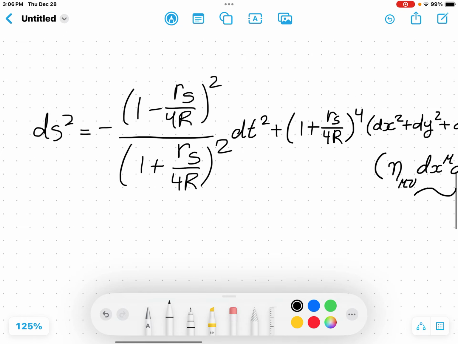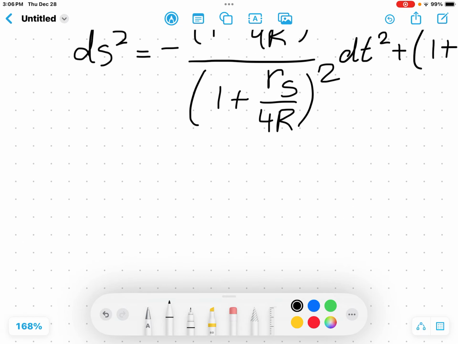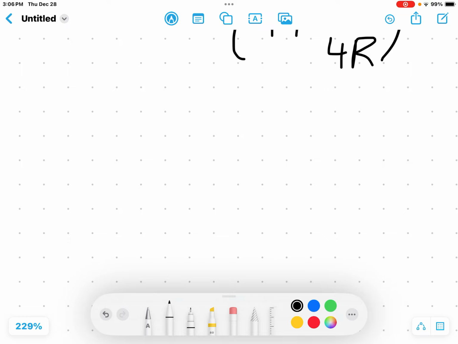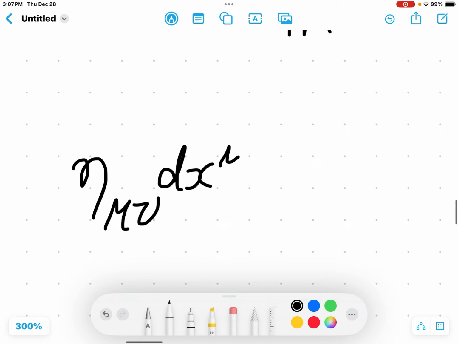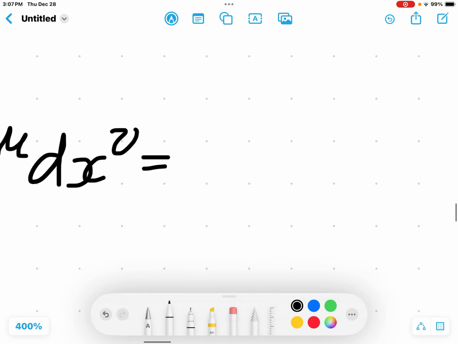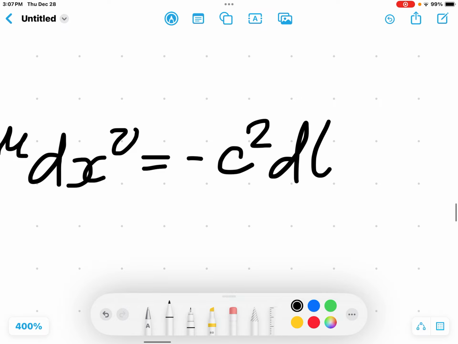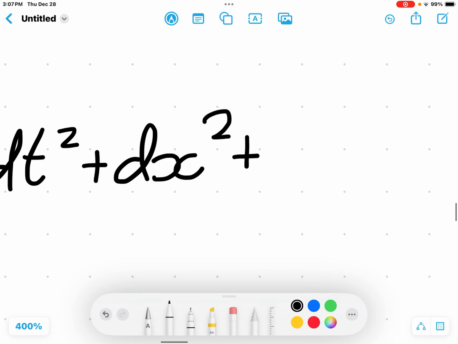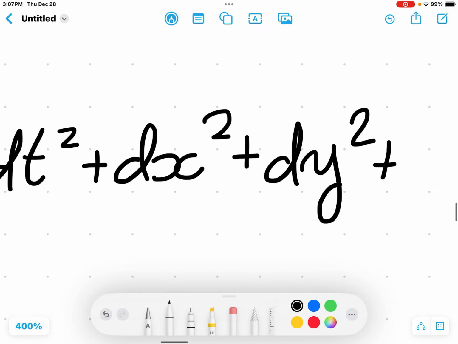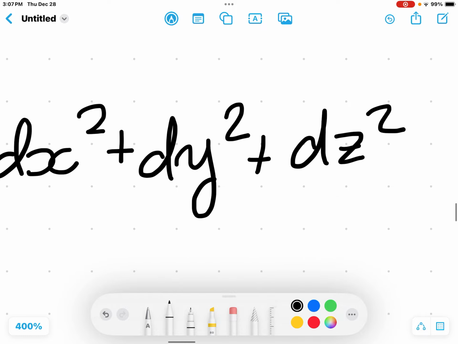And you may be wondering, where's the c in this case? Because originally my Minkowski line element, eta mu nu dx mu dx nu, is minus c squared dt squared plus dx squared plus dy squared plus dz squared.